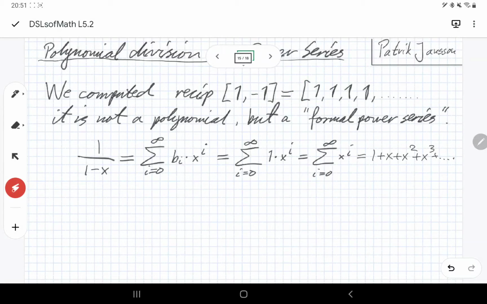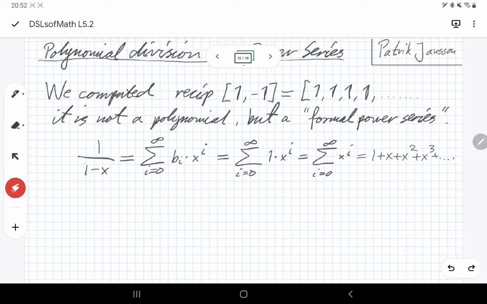So it will always work for x equals 0, because as you can see, if x is 0, then all the x terms will be 0, so it's only the constant term which survives. So it's always defined at 0, but how far away from 0 we can get, that depends.